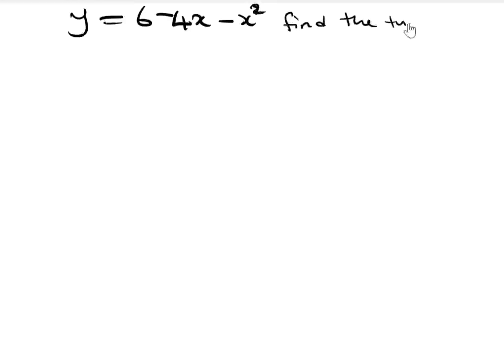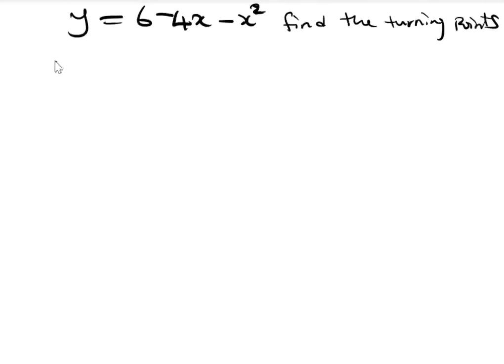Consider this example. If you have a function y equal to 6 minus 4x minus x squared, and you are asked to find the turning point. To solve for this, we need to first of all calculate the values of x.